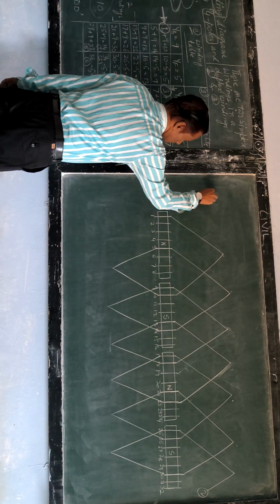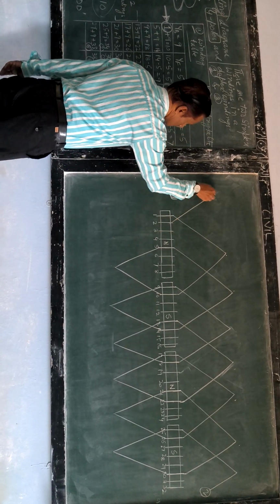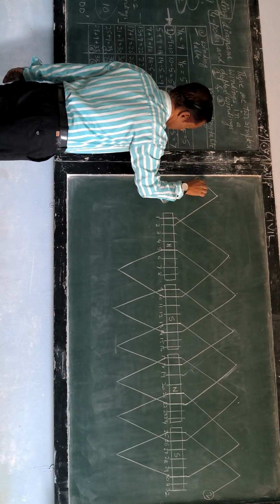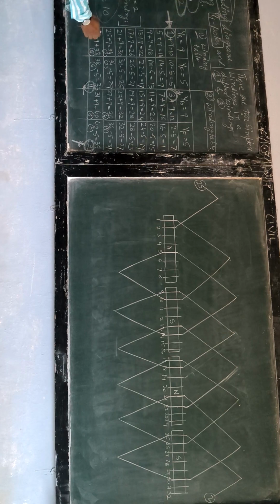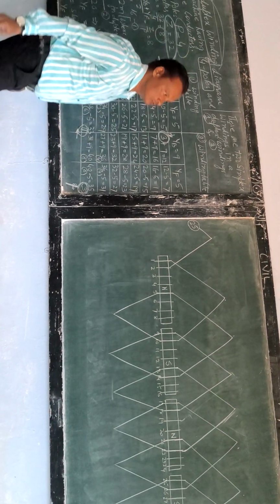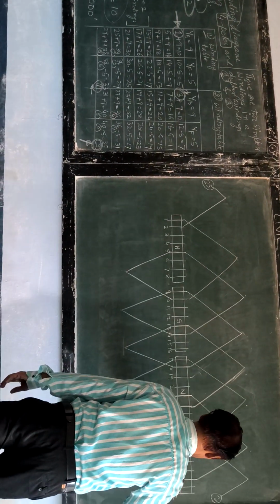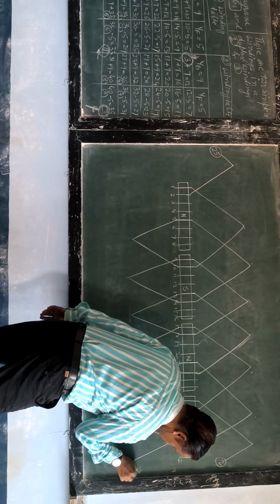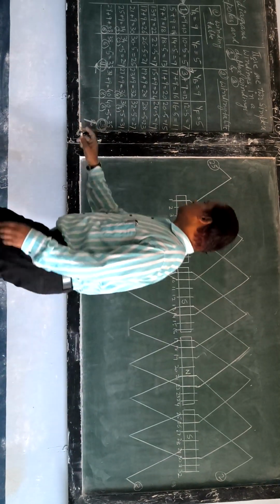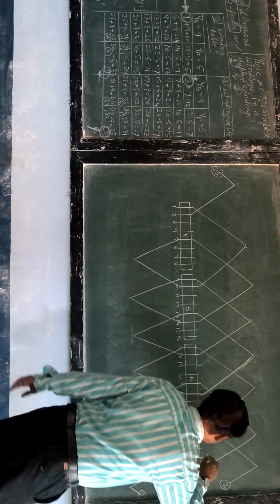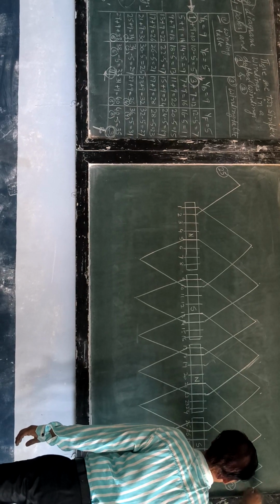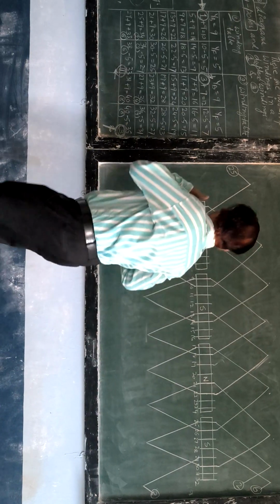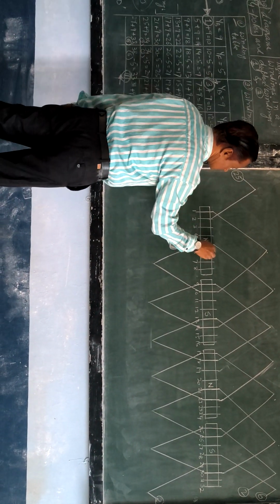This is from 25 to 2, and from 2 it comes back to 29. From 29 it goes to 6.